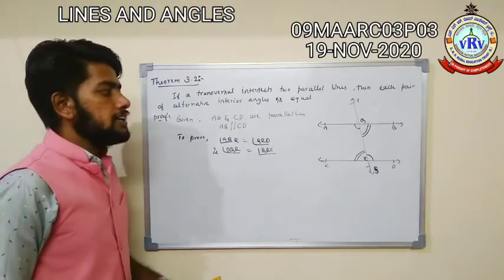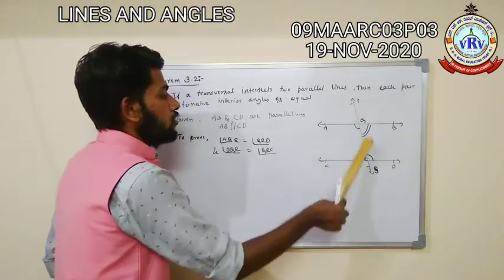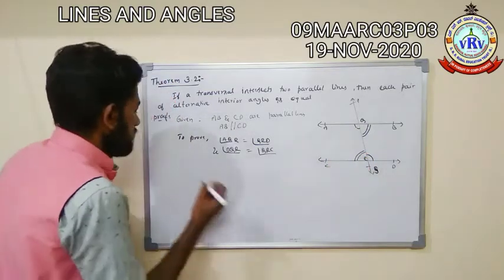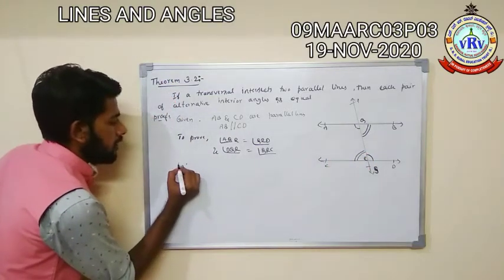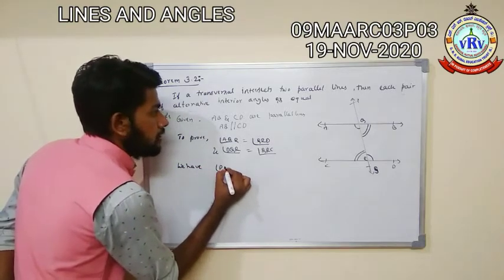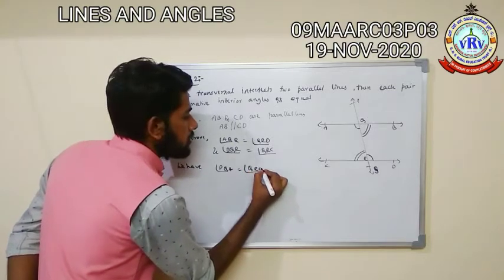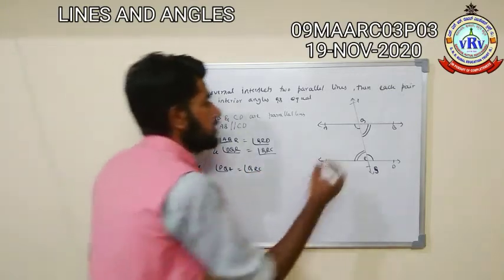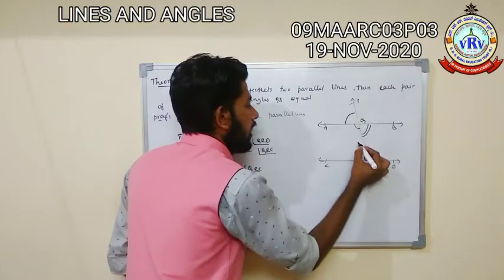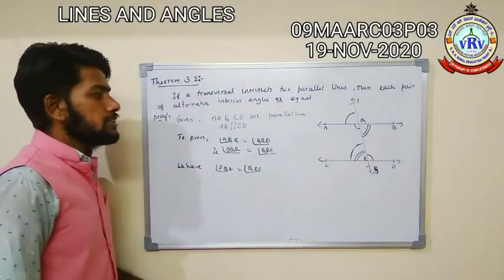First, we will take the angles PQA and QRC. We have angle PQA equal to angle QRC. Look here, this angle and this angle are the same. Can you give the reason?